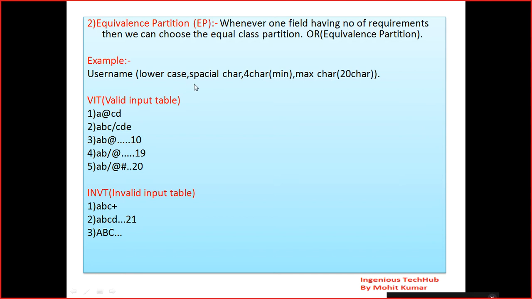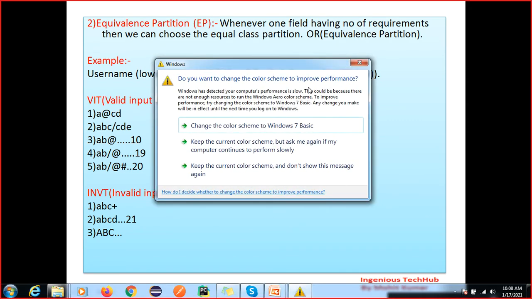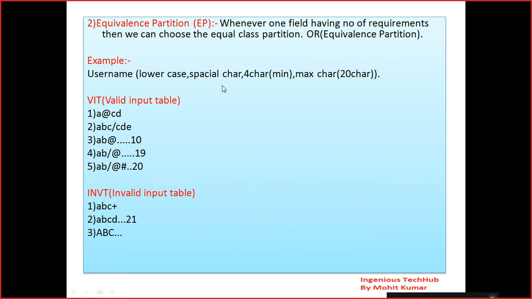I did not mention it here, so you can mention it will accept only two special characters, and it will accept ampersand, at the rate, and dollar. That's it, only three special characters. These are the possibilities; I have just given one example to understand. While doing the testing, you have to take care of everything.